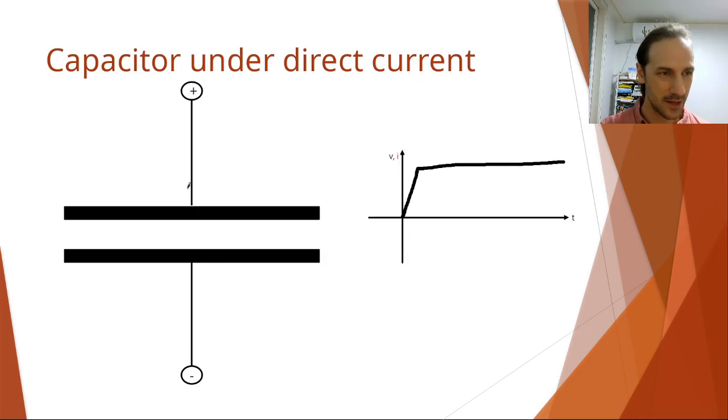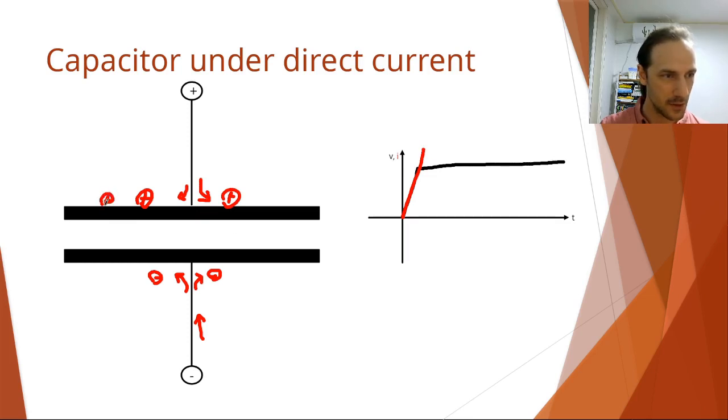From this side, the positive charges will come to the capacitor, and from the other side, from the negative pole, the negative charges will start filling up the other plate, which means the current, of course, will go up.